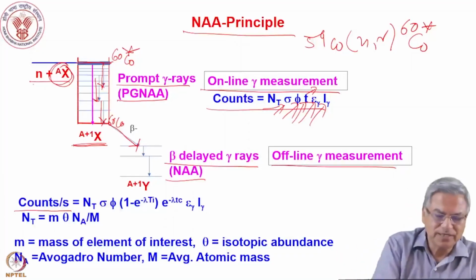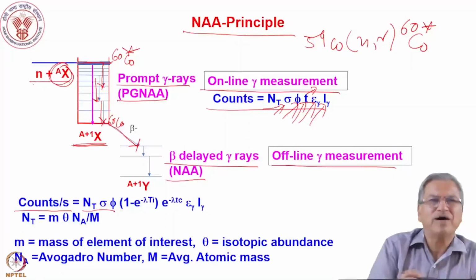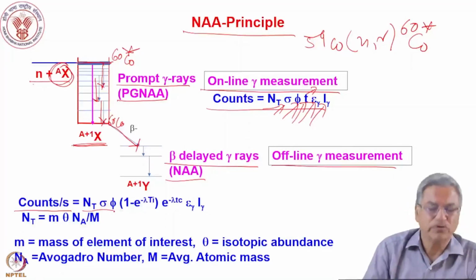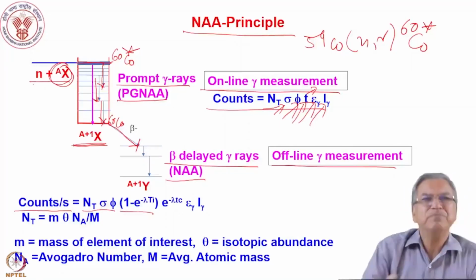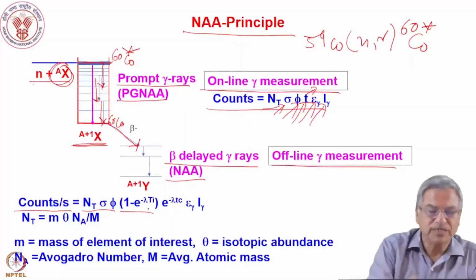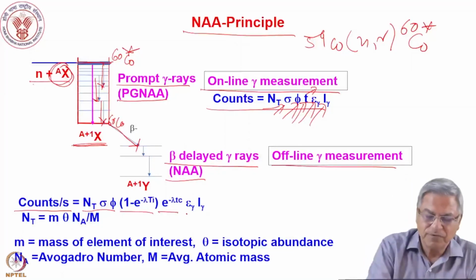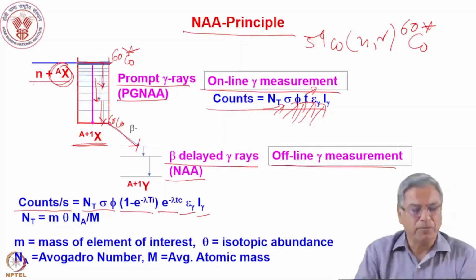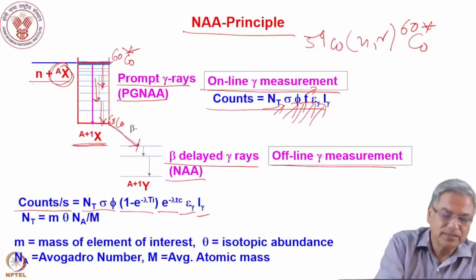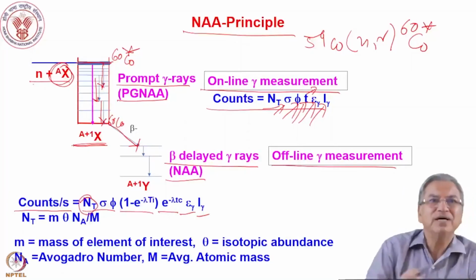That count per second is a familiar equation, and sigma phi is the rate of the reaction, neutron capture, the saturation time for a particular irradiation time, the decay after the end of irradiation, the radioactive sample decaying with its own half-life, efficiency of detection, and the intensity of the gamma ray. So from this you can get the number of target atoms in the sample.